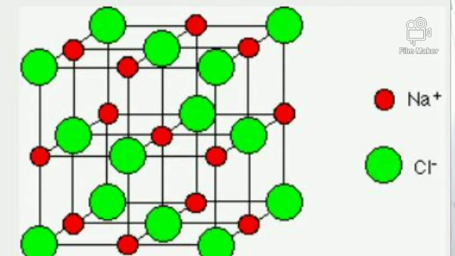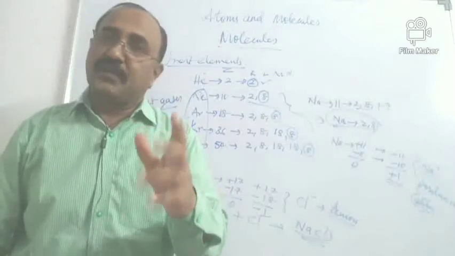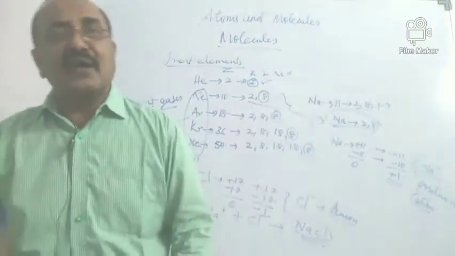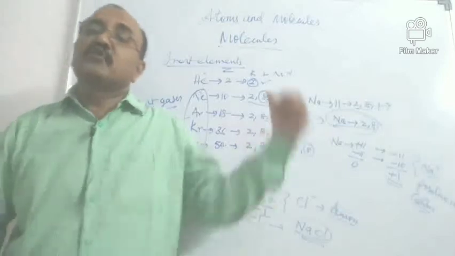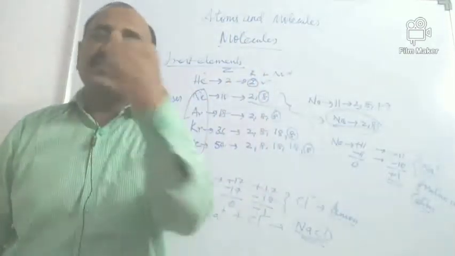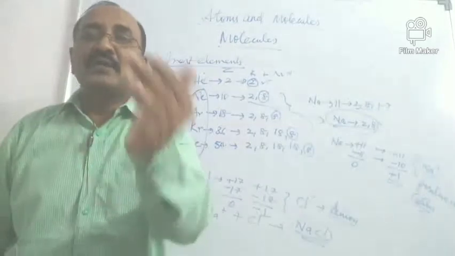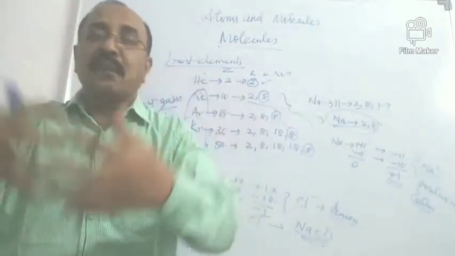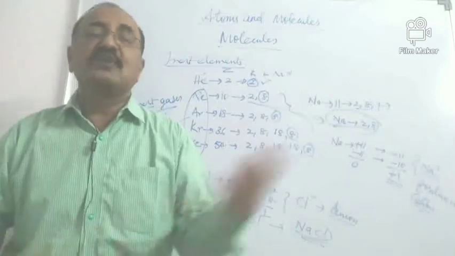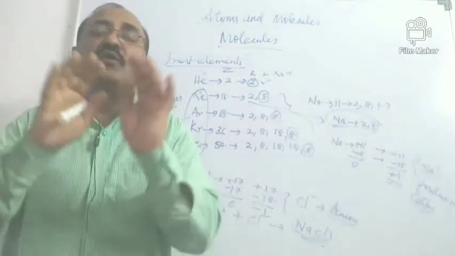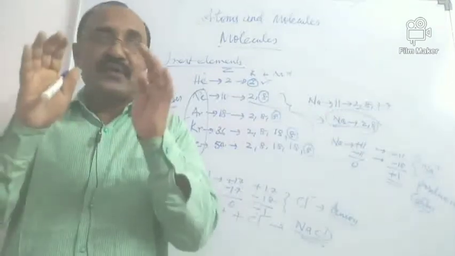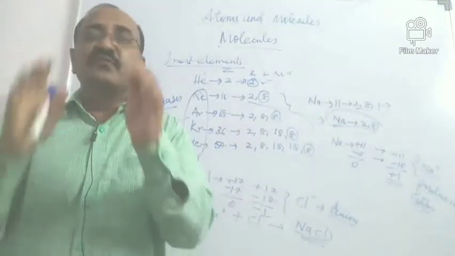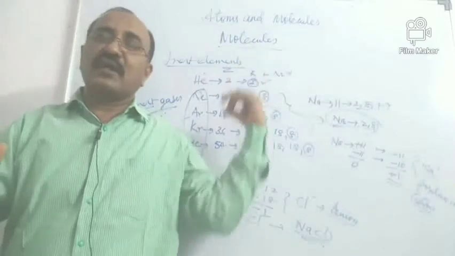So children, atoms combine to form molecules. Molecules are the things which are free, and atoms are not independent. When atoms combine, they do so with a purpose, that is to become like inert gases. We say that atoms are trying to become stable by combining and forming molecules. Atoms are not always free, but there are some atoms of some elements which are free or independent. These are the inert gases.